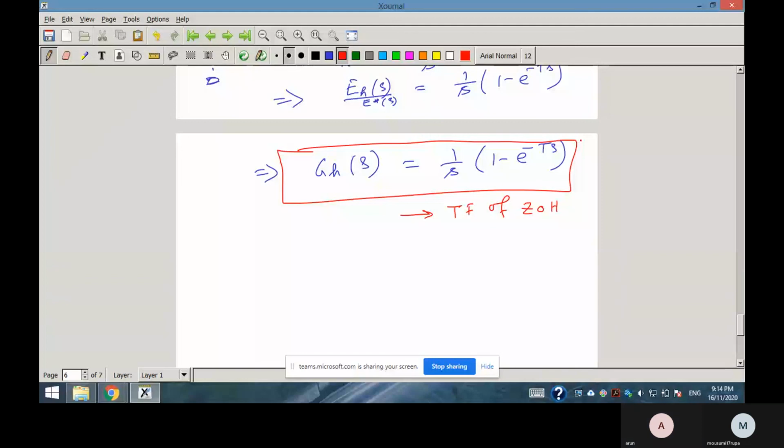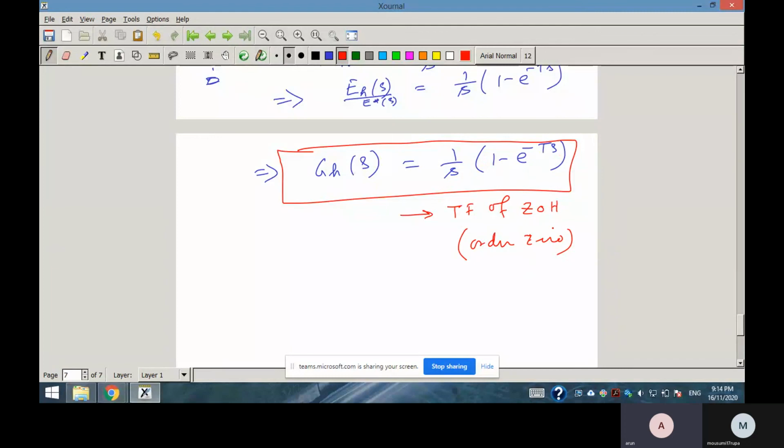If you do the e to the power minus Ts expansion, it will be 1 minus 1 plus Ts minus T square s square by 2, then ultimately s will get cancelled. So it is of order zero. That's why it is called zero order.